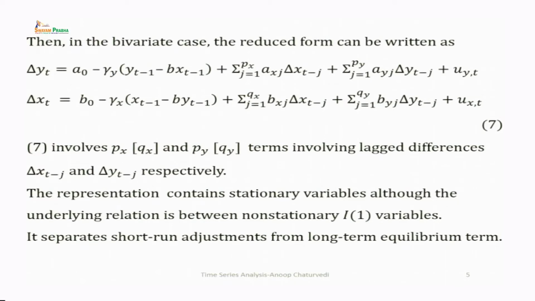And for x t you have delta x t equal to, say, b naught minus gamma x, x t minus 1 minus b y t minus 1, plus summation over j equal to 1 to q x b x j delta x t minus j, plus summation j equal to 1 to q y b y j delta y t minus j, plus u x t.